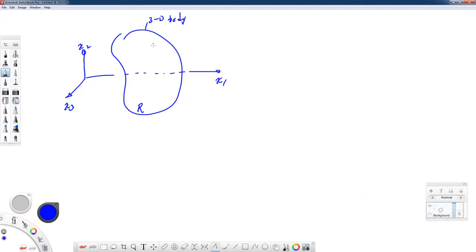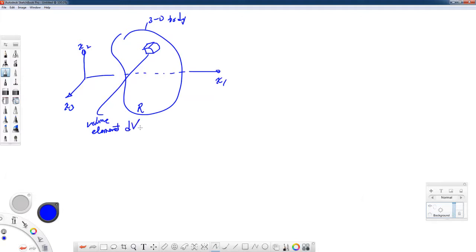We're going to take a look at a little element that is somewhere on the surface of this body. So maybe this is kind of curved over here like this, and it's just going inside into the interior of this body just a little bit. That's going to be our volume element. I'm going to call that dV.